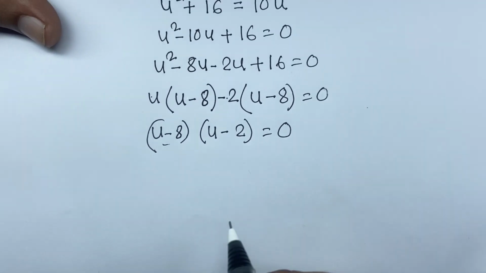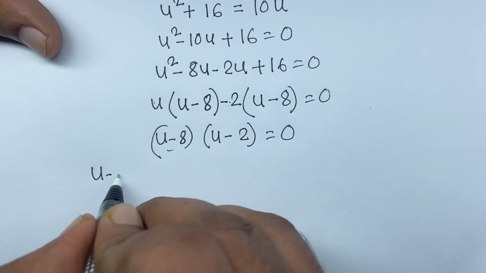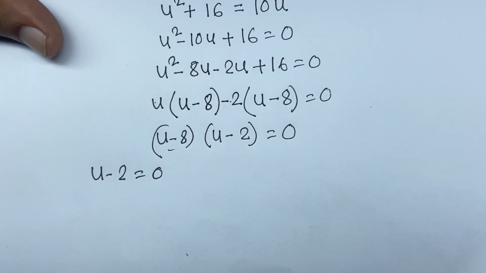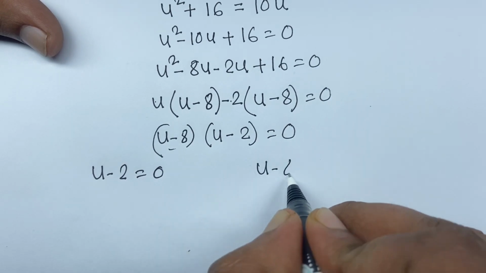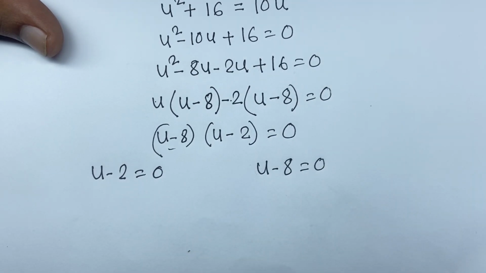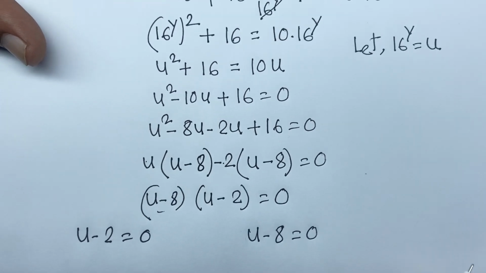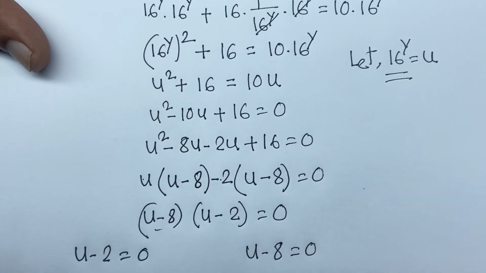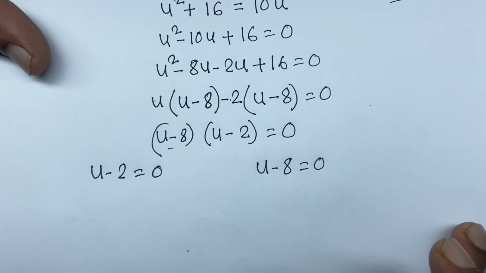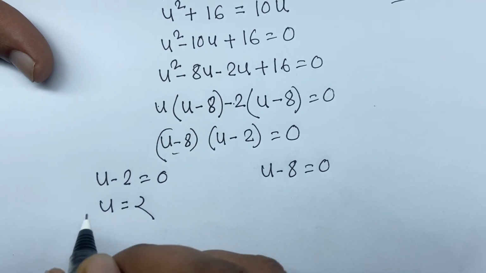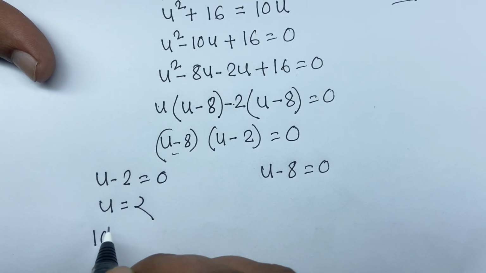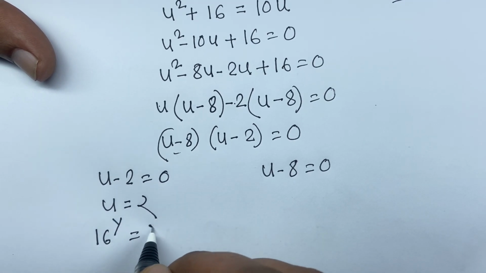Our first case is u - 2 = 0, and the other case is u - 8 = 0. But remember that u = 16^y. So at this moment u = 2, so 16^y = 2.